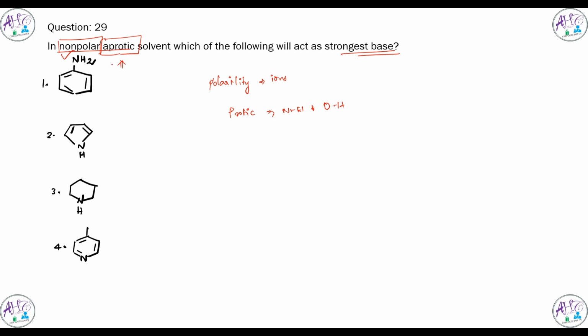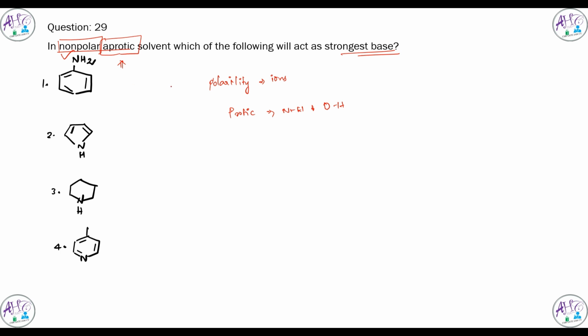If we cannot break the NH bond or OH bond, and by breaking it the compound is going to be unstable, we call it aprotic. Simply by breaking the NH bond, we just see whether the compound is going to be stable or not. If it is stable, it's going to be protic. If it is not stable, it is going to be aprotic.